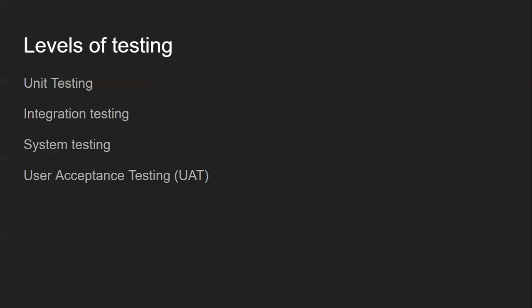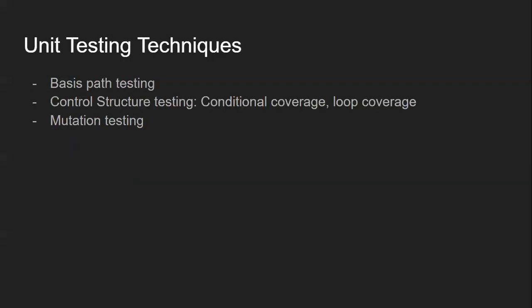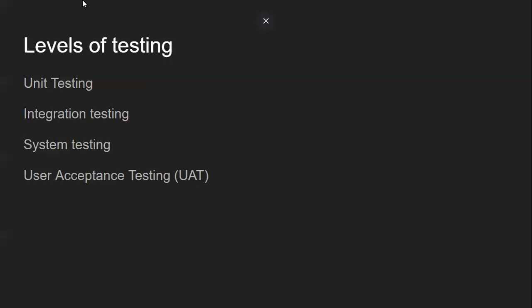System testing is performed by the testers on the entire system, while user acceptance testing is conducted by the testing team or the beta testers, and the testing is done against the acceptance criteria for those particular functionalities.